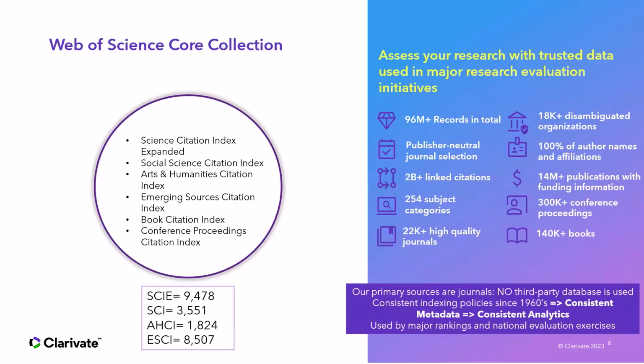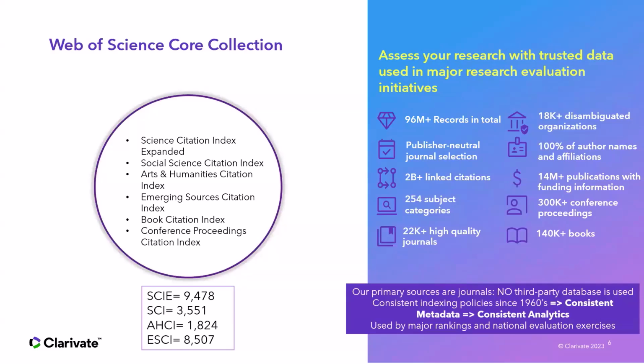What is unique about the Web of Science Core Collection, and distinguishes us in comparison to other similar databases, is that we are a publisher-neutral database. What does that mean? It means that Clarivate is an independent organization. We have partnerships with publishers, but we have no business interest in the publishing market.